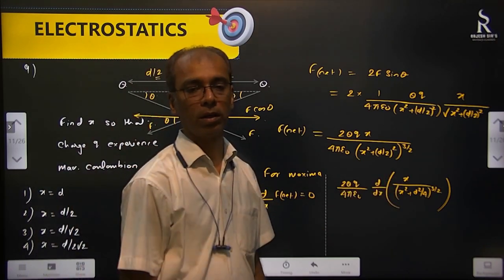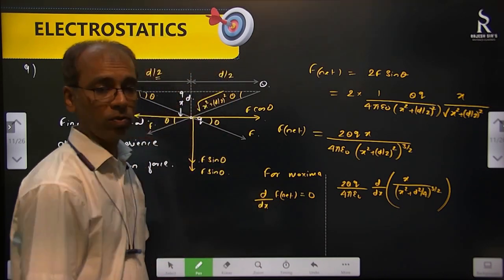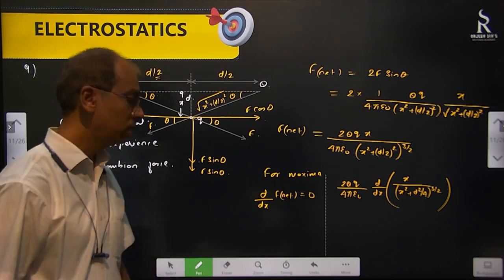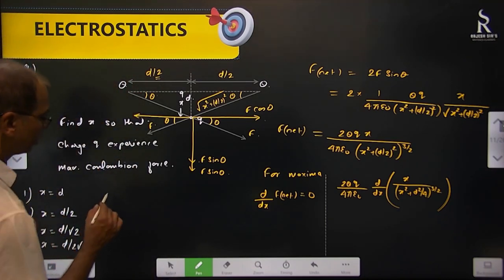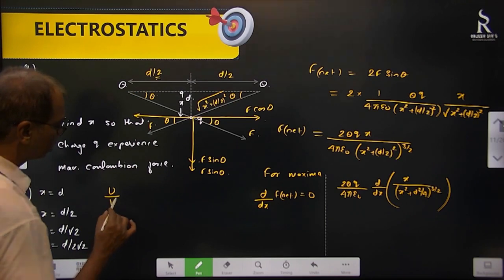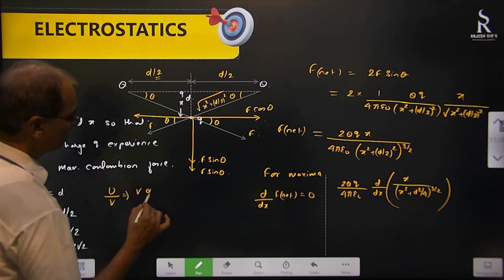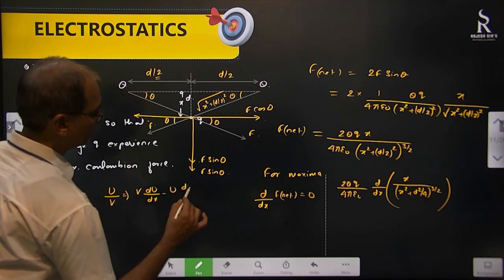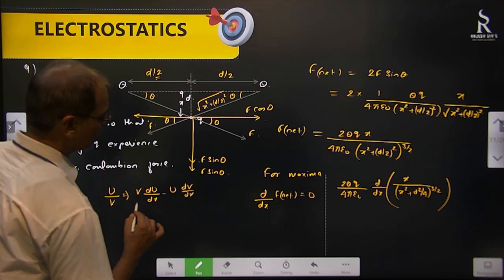What is the formula? Differentiation of u by v is what formula? v du by dx minus u dv by dx, by v square. Okay. u by v formula is what? v du by dx minus u dv by dx, by v square.